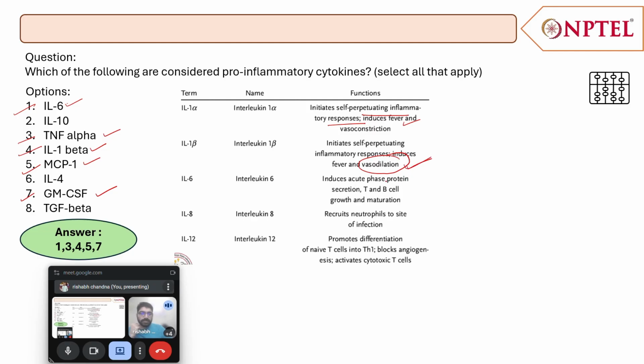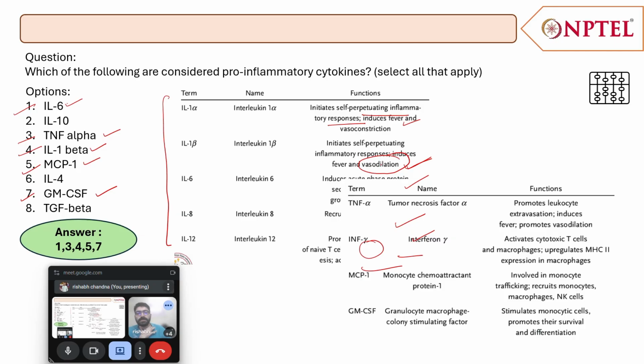IL-6 induces acute phase protein secretion, T cell and B cell growth and maturation. IL-8 recruits neutrophils to the site of infection. IL-12 promotes differentiation of naive T cells into Th1, blocks angiogenesis, and activates cytotoxic T cells. Okay, so these are the functions of different interleukins that are present here.